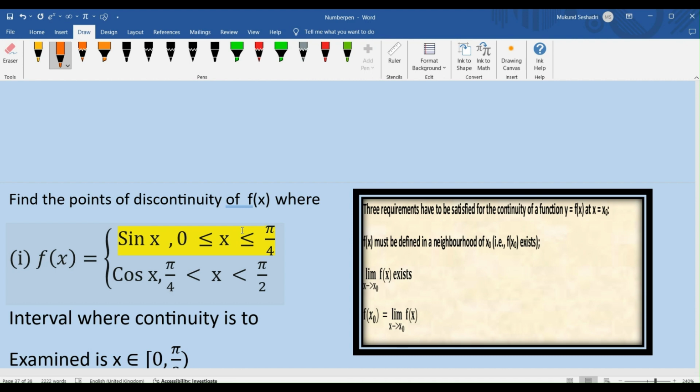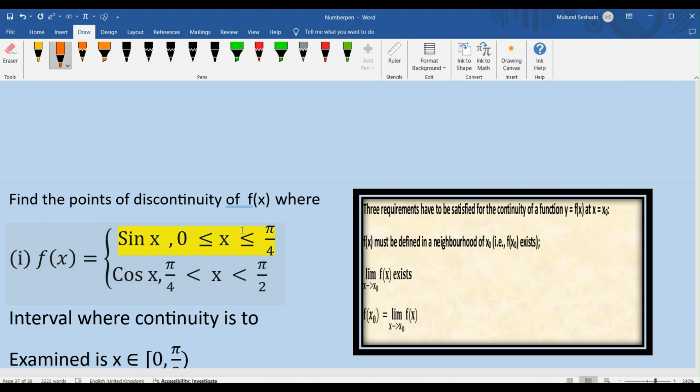So we really don't have to worry about what is at lesser than zero, because that is outside the interval where x belongs, as far as this particular function is concerned, right? I hope you folks are with me. So the function f of x is defined starting from x equals 0, right?